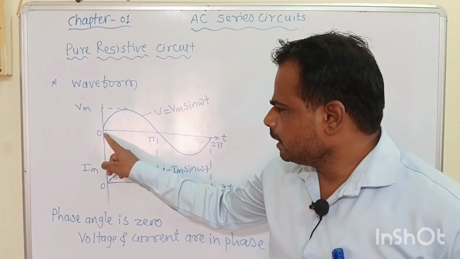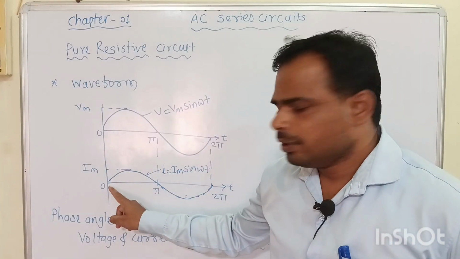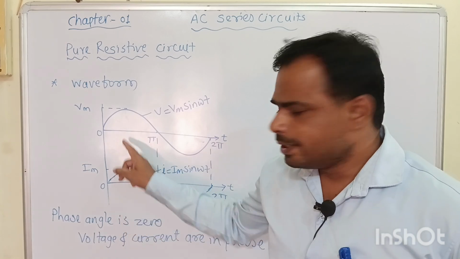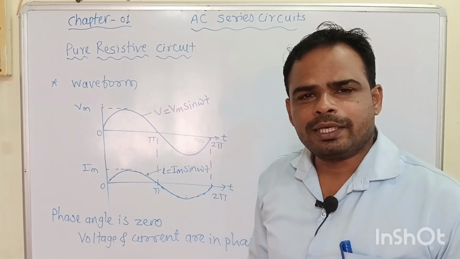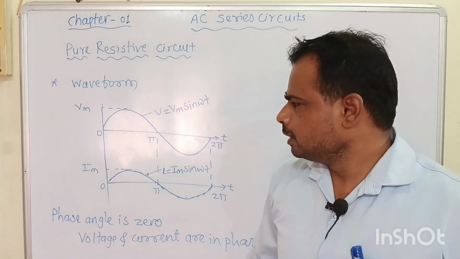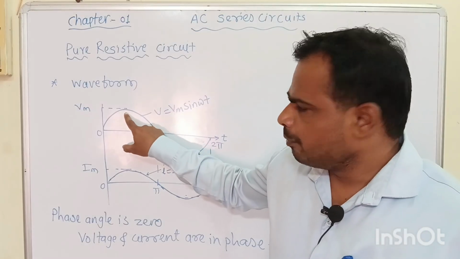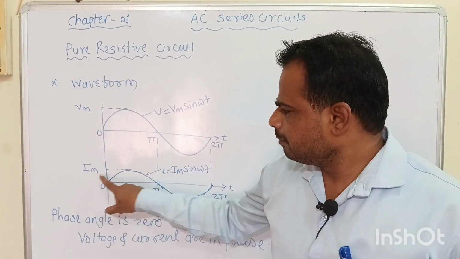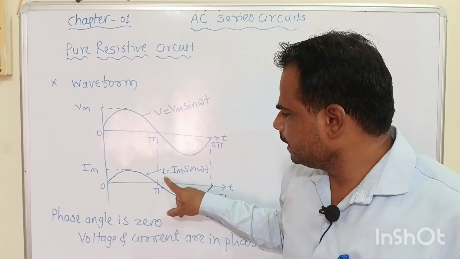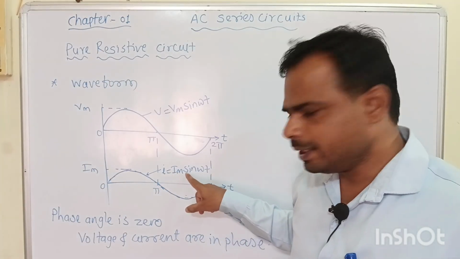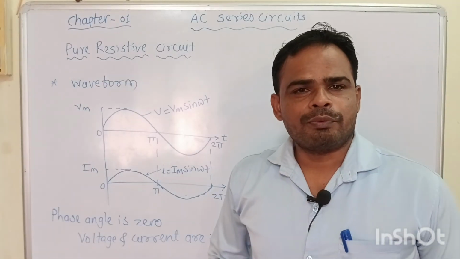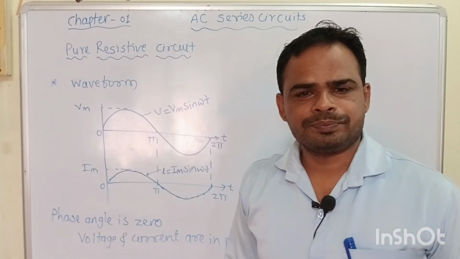See here, voltage starts at 0, also current starts at 0. Thus we can say that voltage and current are in phase. See here, this is the maximum voltage and this is the maximum current. The equation of current is I is equal to Im sin omega t. The value of phi is 0. This is the waveform of pure resistive circuit.